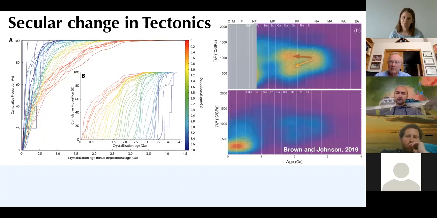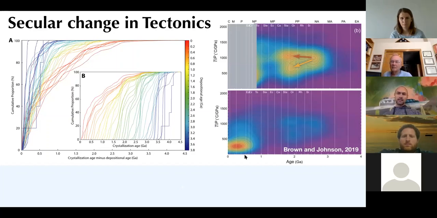So, why do I think these ages are significant? Well, in a recent paper by Mike Brown and Tim Johnson, they showed that metamorphic patterns change pretty dramatically at these times, where as we come from the end of the Archean into the Proterozoic, we see a bimodality of metamorphic gradients developing, with high pressure temperature and low pressure temperature gradients.